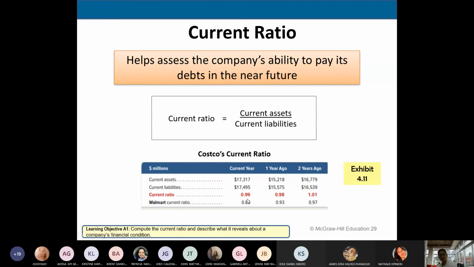So, after 1 year, bumaba, tama? From 0.99 naging 0.98, tama ba? And after 2 years, ayan, medyo tumaas kasi mas malaki na yung current assets niya kaysa sa current liabilities niya. Okay? So, ang rule natin dito, 1 or more than 1 current ratio, the better for the company.